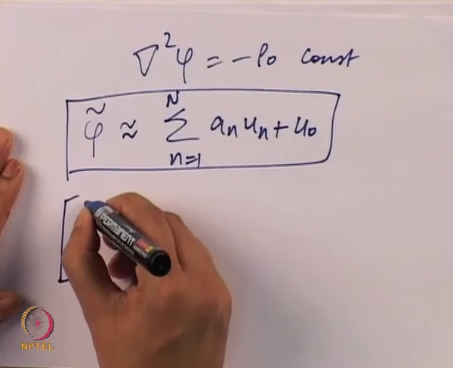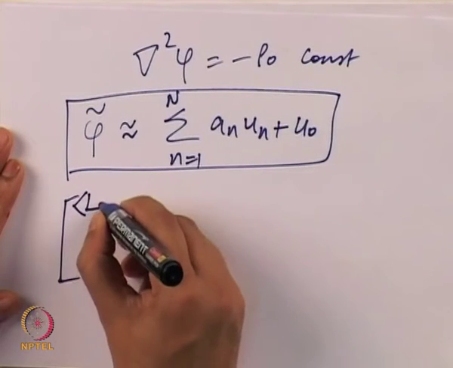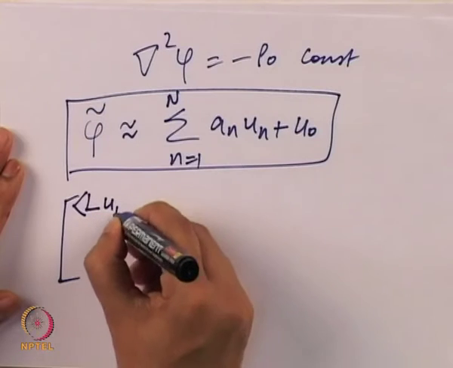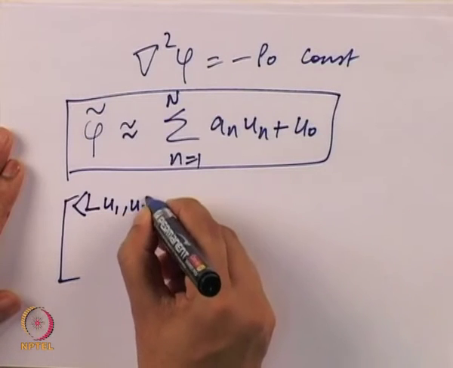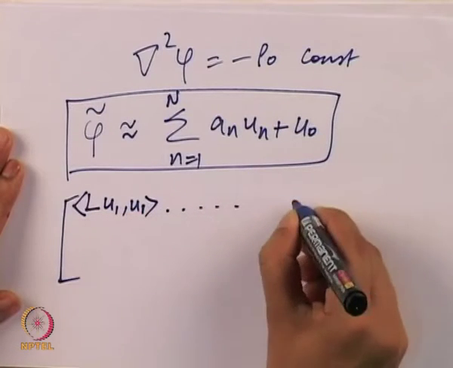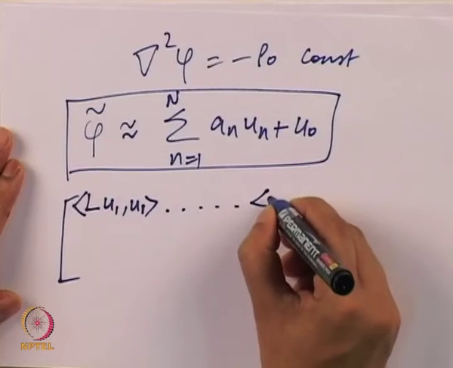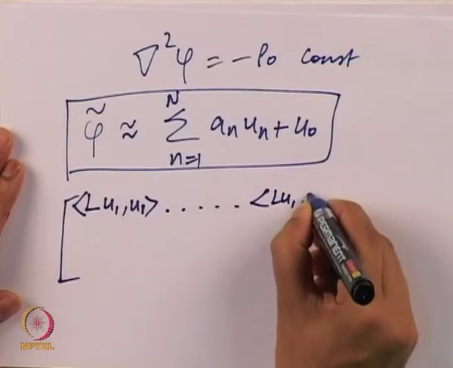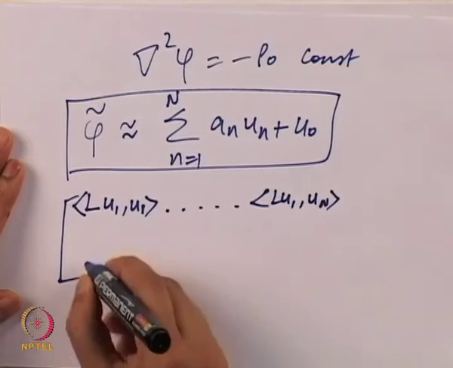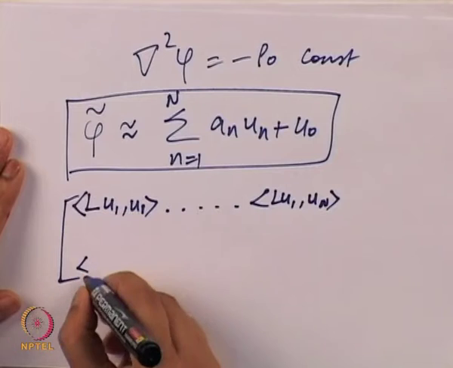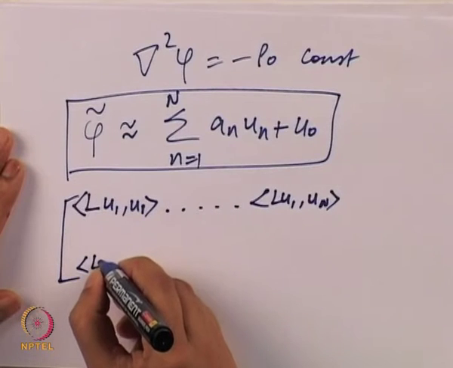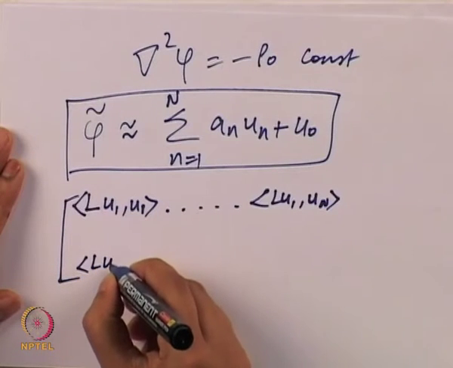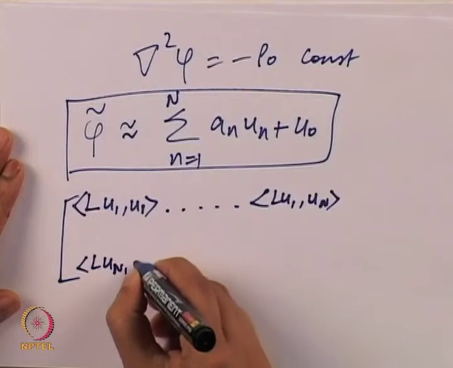What we will have finally is a matrix equation, which will have the inner product of L of u1 comma u1, and the last term on the first row will be L of u1 comma un. Similarly, the first term of the last row will be L of un comma u1.